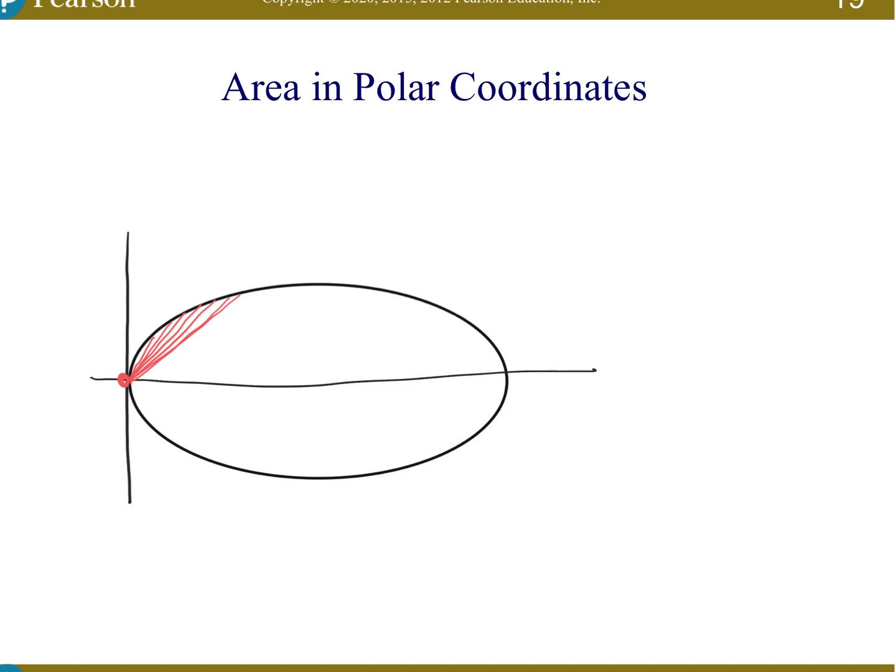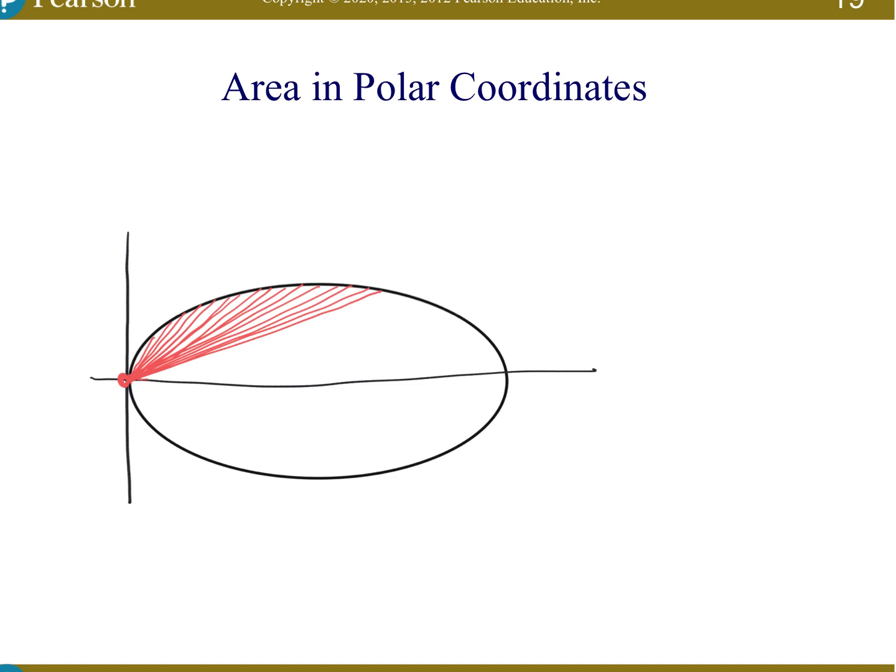In polar, everything are sectors. Okay, the more sectors you have, the better area you have. So it's all sectors. Okay. Ideally, these sectors are sliver thin. Okay, they're super tiny.